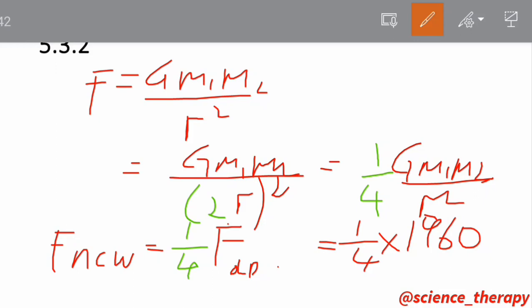So it's 1 over 4 times 1960, and we get 490. So 490 newtons. That becomes our solution for this one. Awesome.